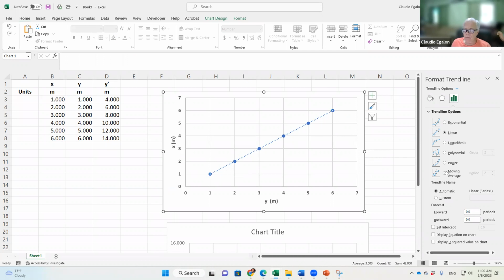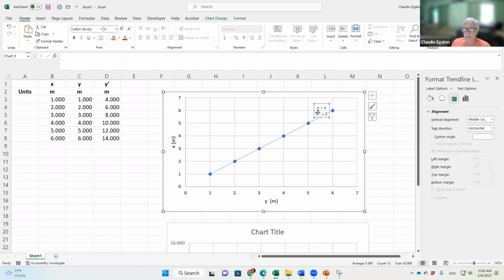Okay, you have all sorts of options of trend lines. Most of the time in this course, you're going to use the linear trend line, the one that shows the most. And then what else do we need to do? We're going to display the equation on the chart. You're going to display the R-square value on the chart. Don't set the intercept, okay? Don't set the intercept value. And here you go.